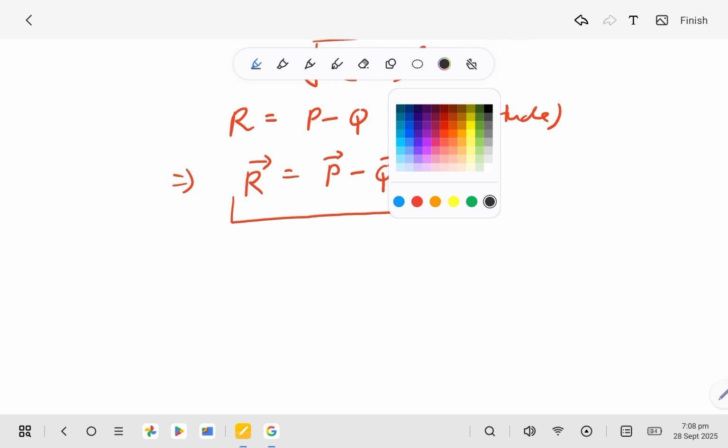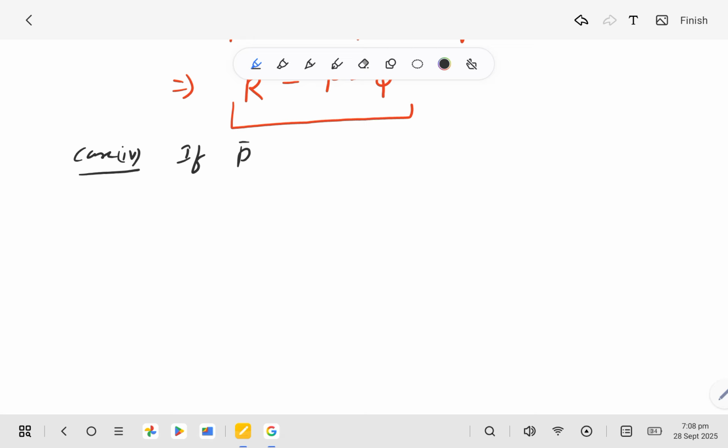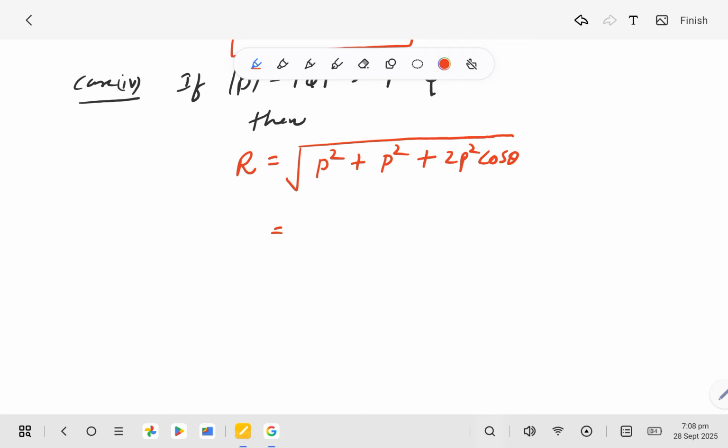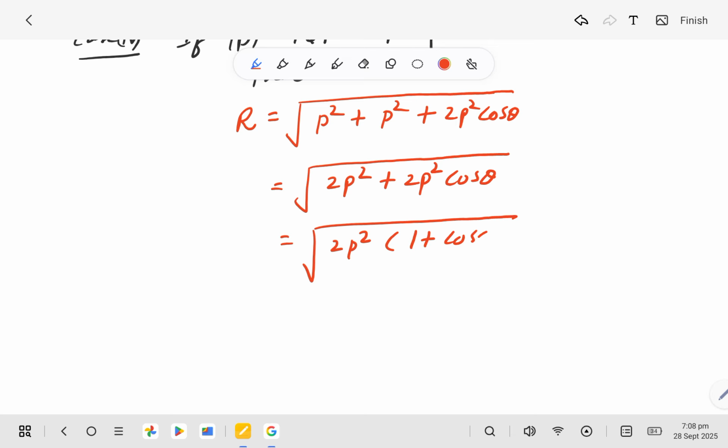Now we consider the last case. Let's say the magnitude of P is equal to the magnitude of Q, or we can say P is equal to Q. Then the resultant force is P square plus P square plus 2P square cos theta, or we can write 2P square plus 2P square cos theta, or 2P square times 1 plus cos theta.